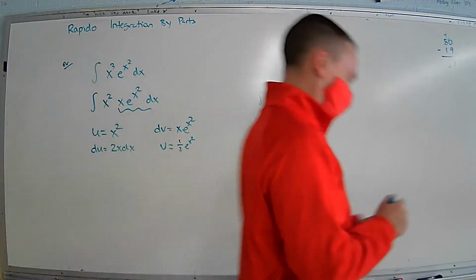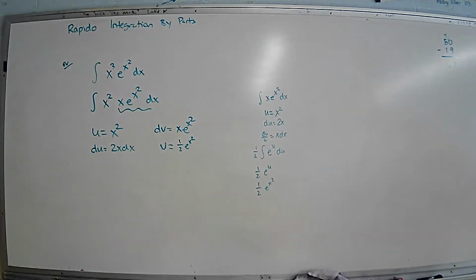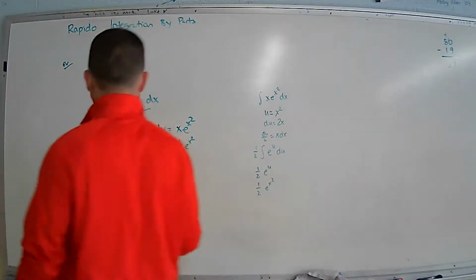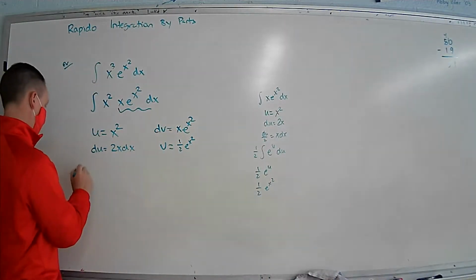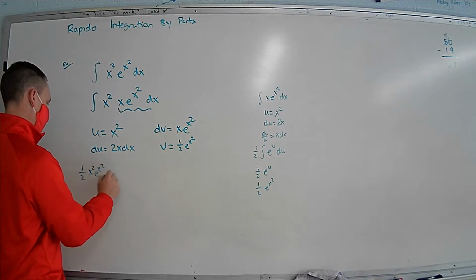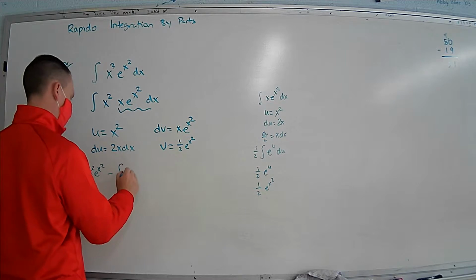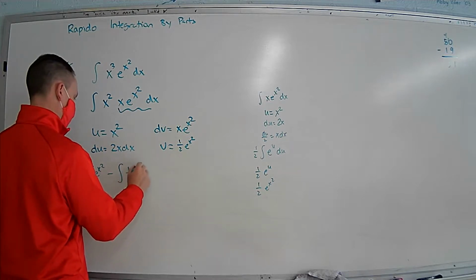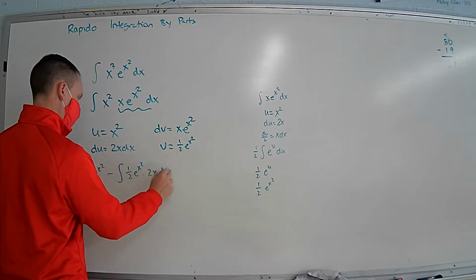Okay? Well, we're not done. Now we've got to finish out the integration by parts, right? So u times v is 1/2 x squared e to the x squared, minus the integral of v du, 1/2 e to the x squared times 2x dx.